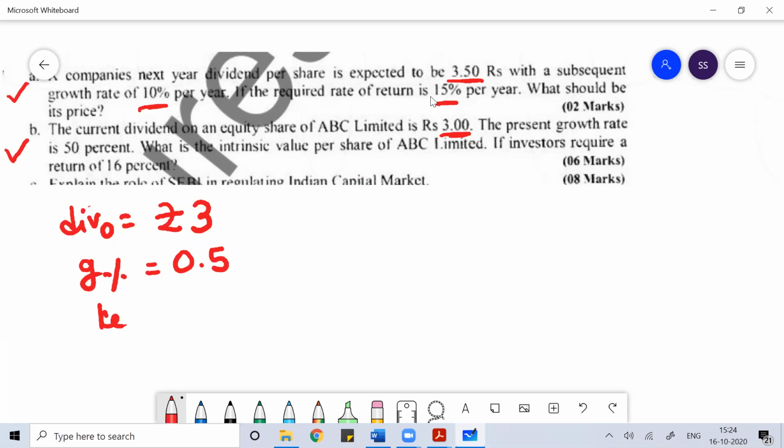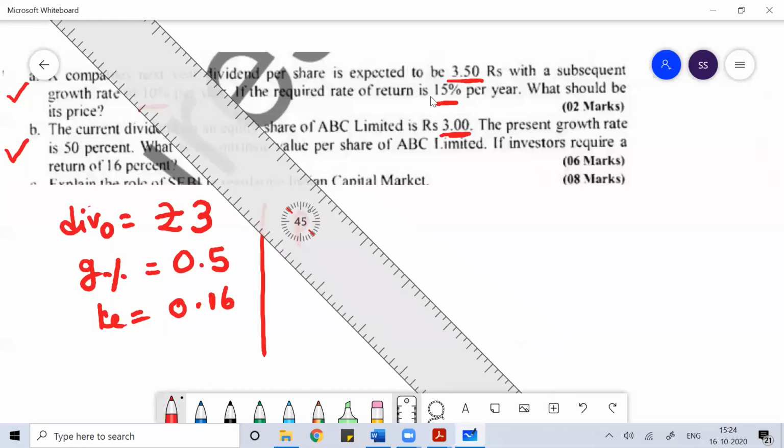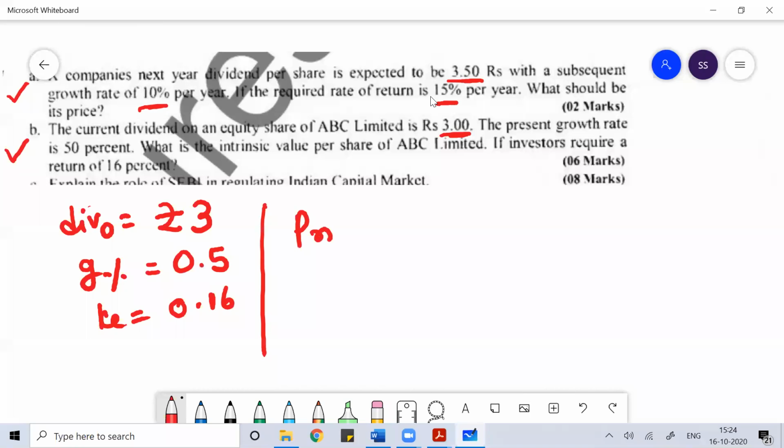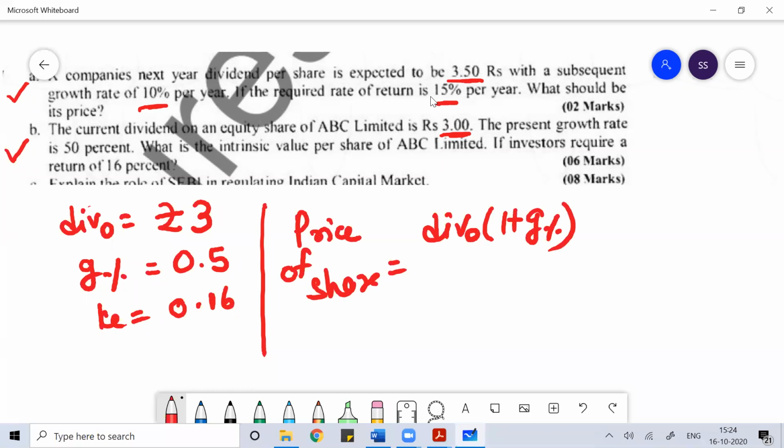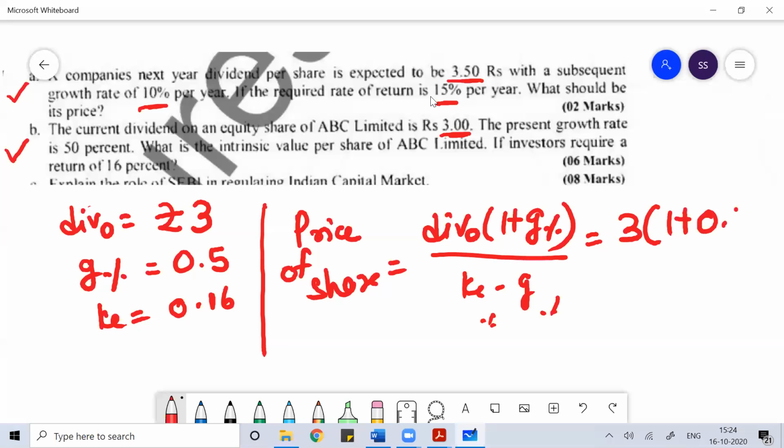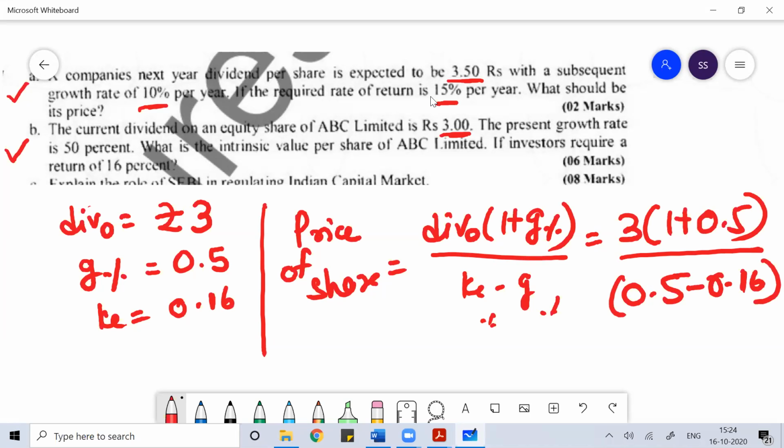So cost of equity is 16%. Again, to find the price of share, the price is equal to Div naught into 1 plus g percent divided by k minus g. Div naught is 3, 1 plus growth rate 0.5, divided by k minus g.